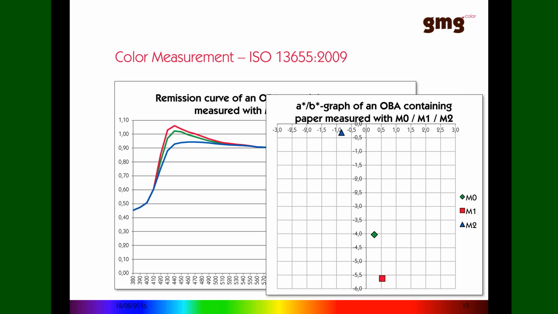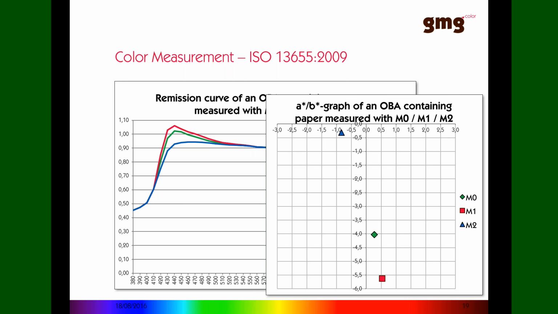When we measured the probe using the M2 measurement condition, the one on top in blue, we have a very neutral, slightly greenish result when we measure an OBA containing paper.